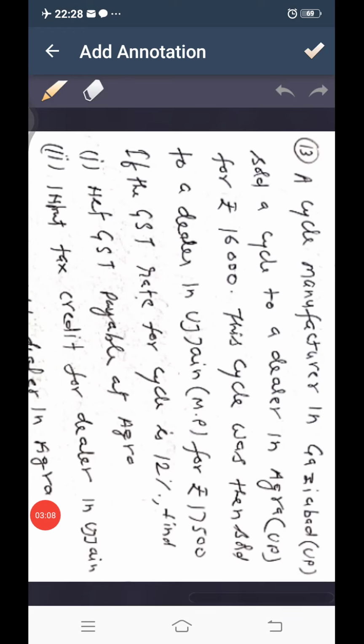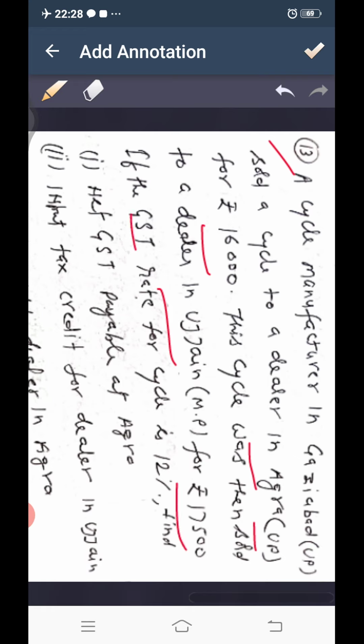Let us take question number 13. A cycle manufacturer in Ghaziabad, Uttar Pradesh sold a cycle to a dealer in Agra, UP for rupees 16,000. This cycle was then sold to a dealer in Ujjain, that is in MP, for rupees 17,500.